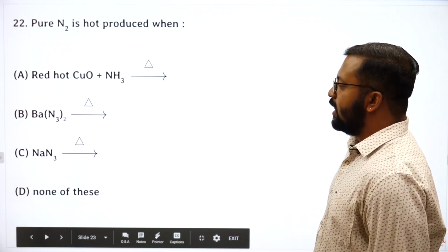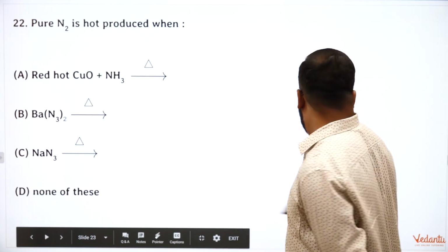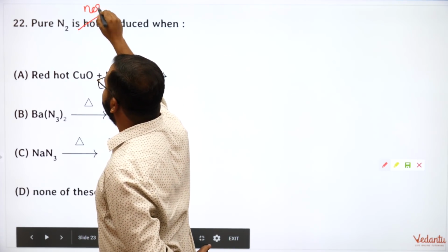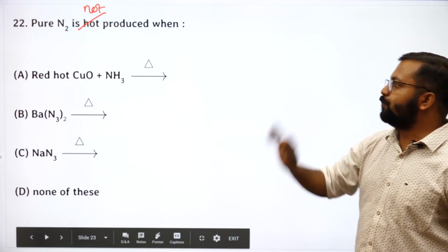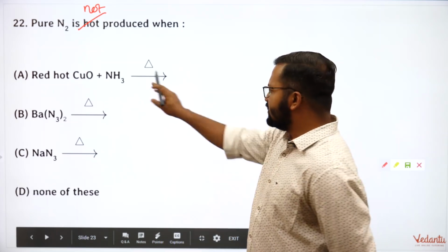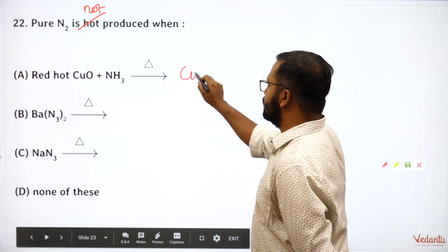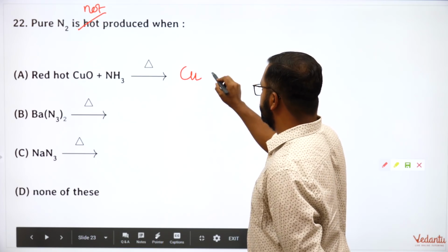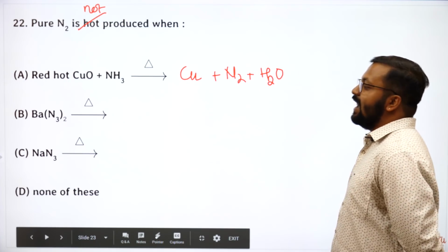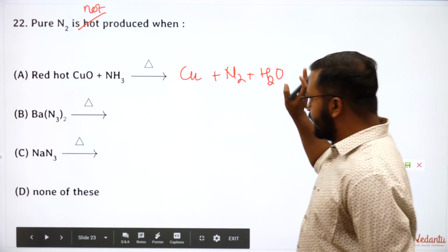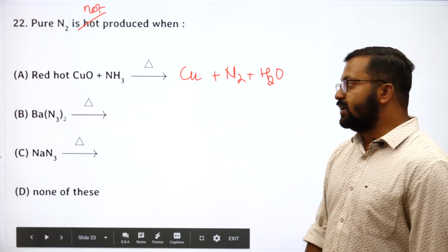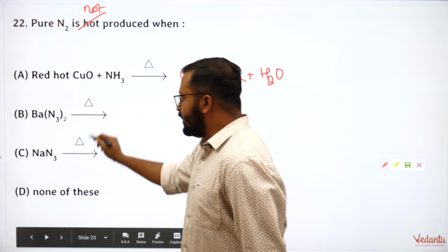The next question is this: pure N2, sorry, this should be not. Pure N2 is not produced when red hot CuO reacts with NH3. This reaction produces Cu plus N2 plus H2O, but this reaction does not produce nitrogen in that degree of purity as it is obtained in these two cases.